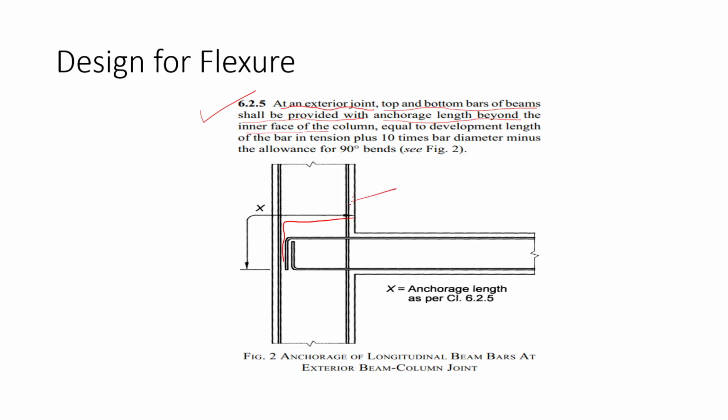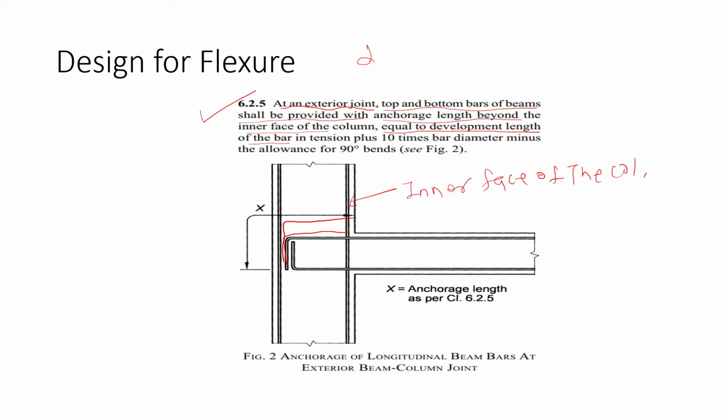So this is the inner face of the column. You have to insert this beam steel beyond the inner face of the column. How much do you have to insert? That is equal to the development length of the bar.